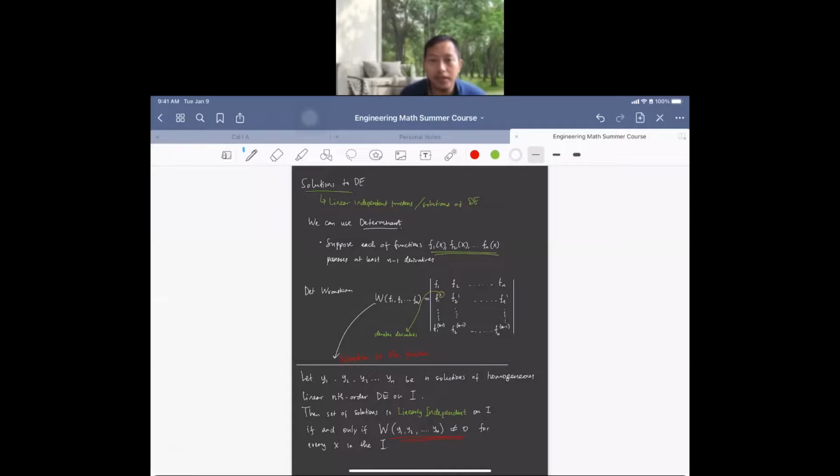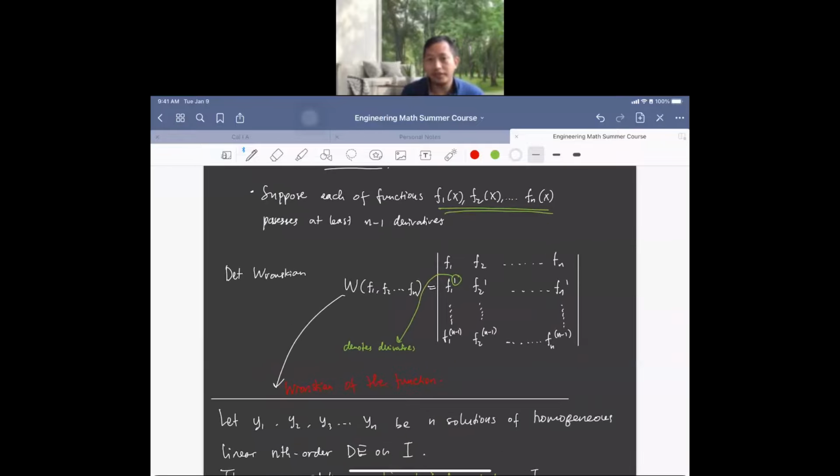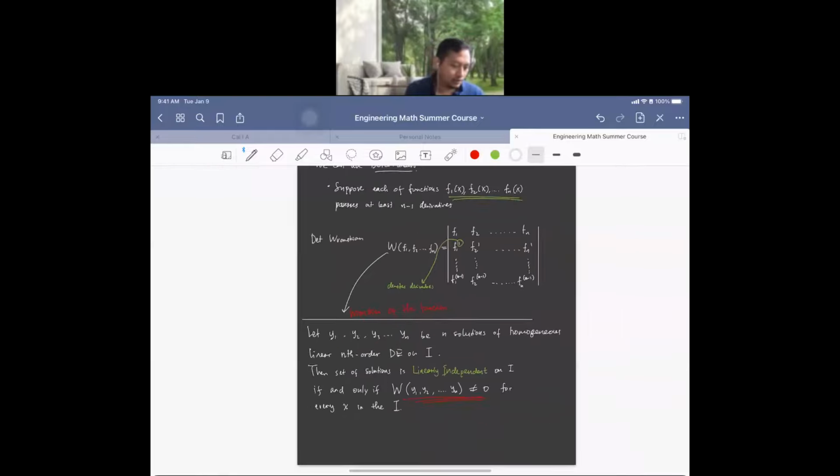To check whether they are linearly independent, we use the determinant called the Wronskian. We plug into the rows and columns the solutions and their derivatives. If there is just one derivative, we have a 2 by 2; if we have 3, we have a 3 by 3; if we have 4, we have a 4 by 4 matrix, and we evaluate the determinant. If it's not 0, then those are our linearly independent solutions.